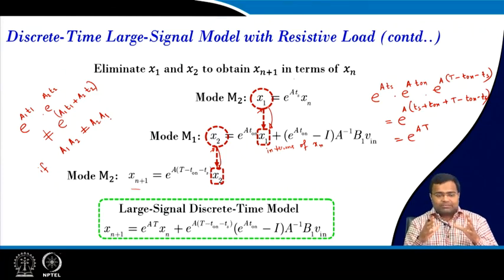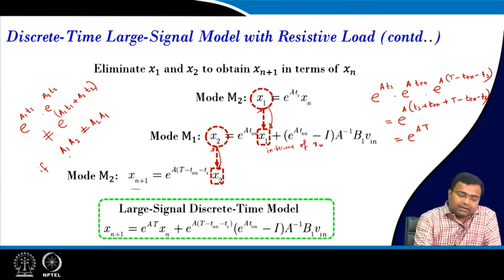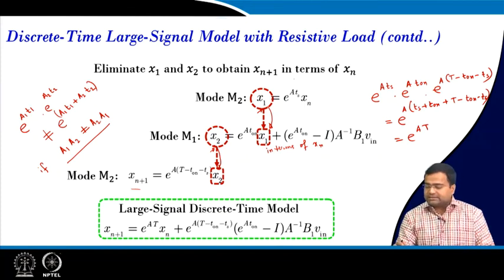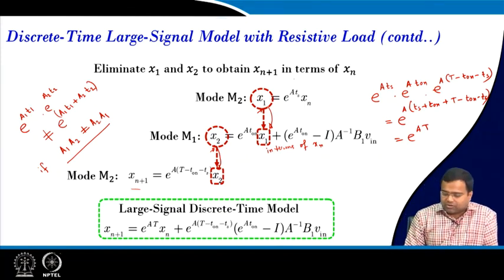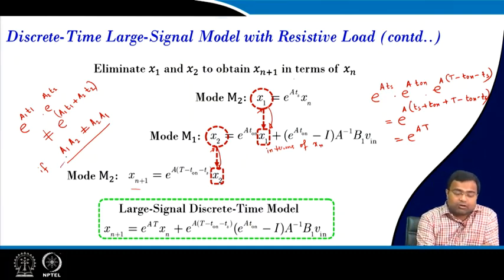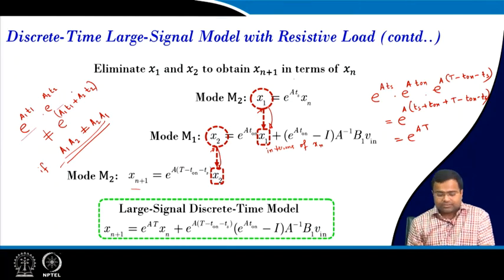That is the commutative property; if they are not equal then we cannot write it, but if the matrix is identical then there is no problem. Here, in this case of the buck converter, it is very straightforward, but you will get a different scenario for a boost converter when A1 A2 matrices are different, then this property cannot be satisfied. So, you cannot write like this. Then you have to write it as a product.